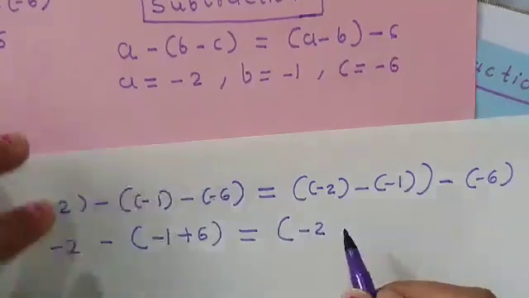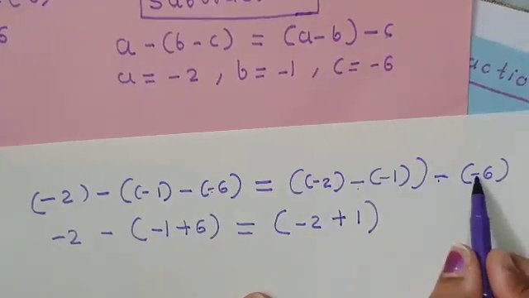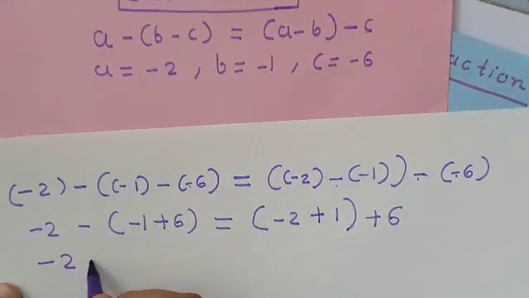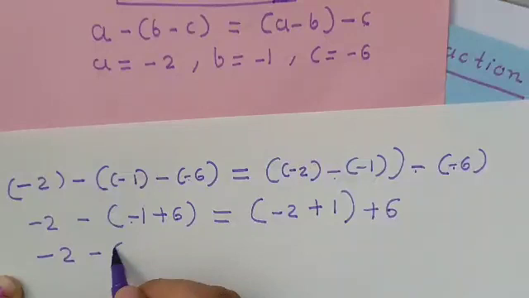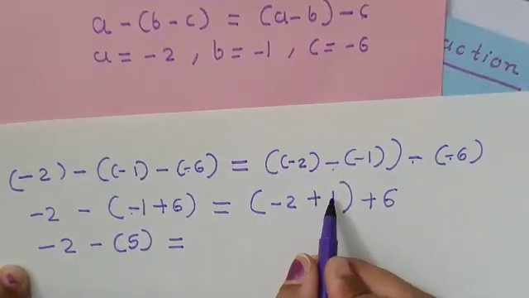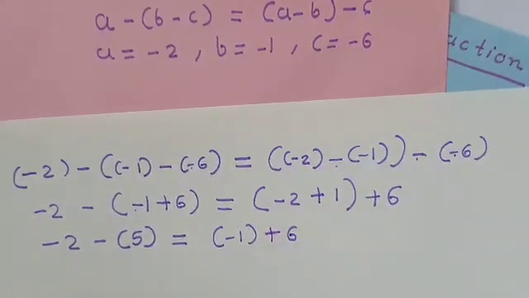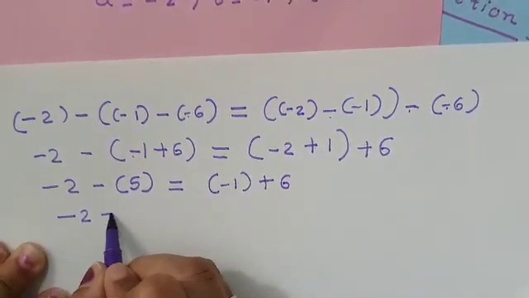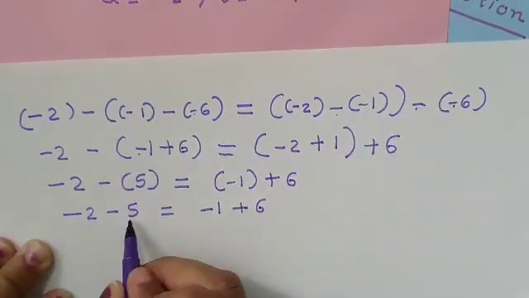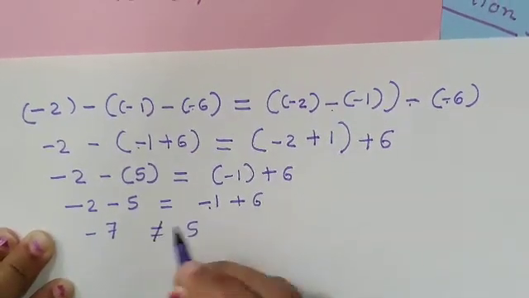Minus 2 remains as it is, minus minus is plus. So minus 2 minus 5 is minus 7. Minus 2 plus 1 is minus 1, and this plus 6 will remain as it is, so minus 1 plus 6 is 5. So they both are not equal.